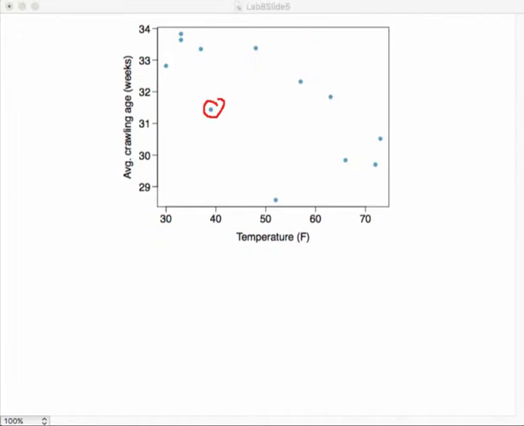So as far as I can tell, there is a moderate relationship there that is linear, and it's also in the negative direction. And it does appear that there's an outlier at around 40 degrees Fahrenheit and a crawling age of 30-something.